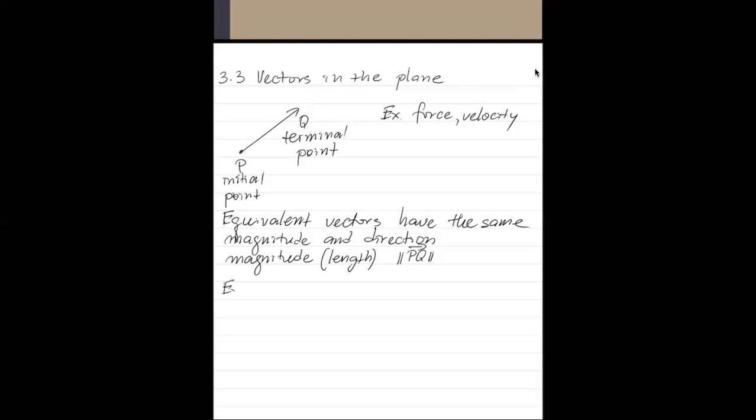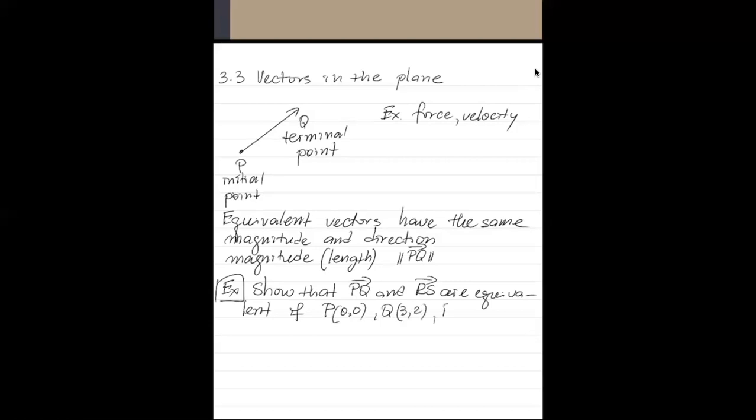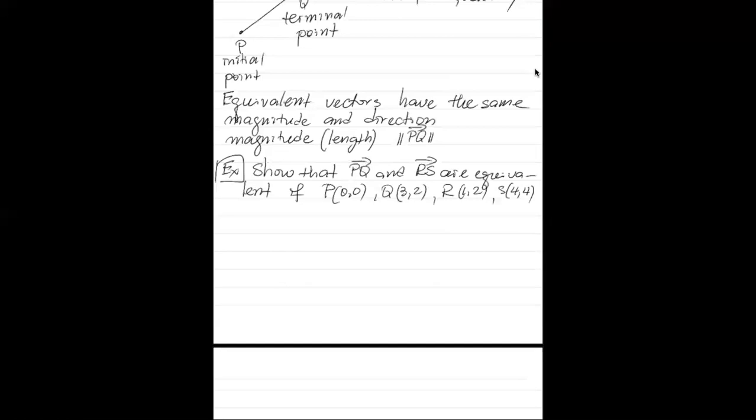Example, show that PQ and RS, these two vectors, are equivalent. If P has coordinates 0, 0, Q has coordinates 3, 2, R 1, 2, and S 4, 4. We can draw a picture.